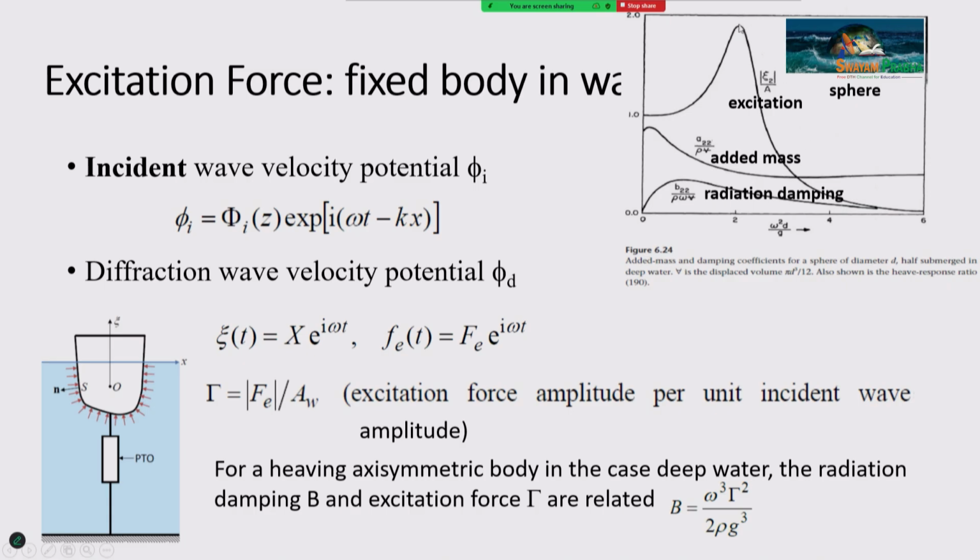If you want to design something, what do you want? You want the excitation force to be maximum at that frequency, and you want the radiation damping to be small. So all this design really depends on shape. For this ball shape, you want the excitation force to be large at this frequency, and the radiation damping reasonably small.